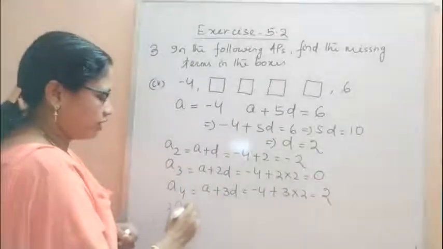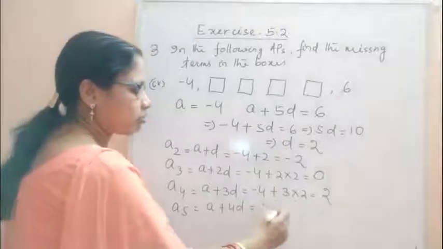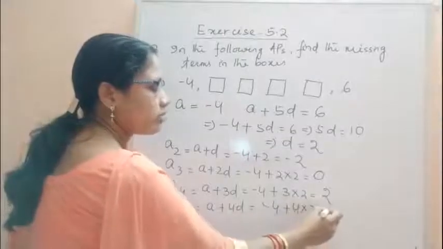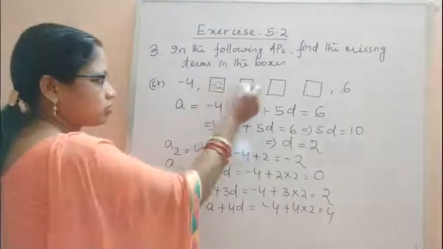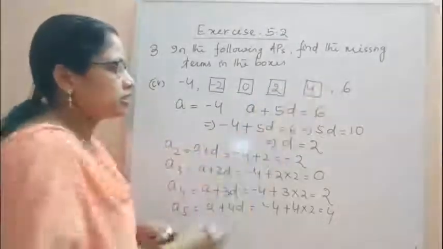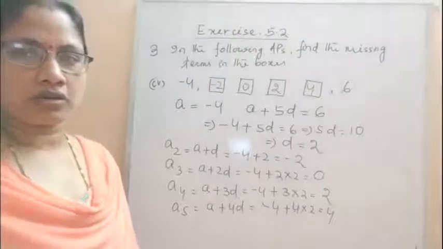Then a5, that is a plus 4d, that is minus 4 plus 4 into 2, which is 4. So this is minus 2, this is 0, this is 2 and this is 4. In this way we can find out the missing terms.